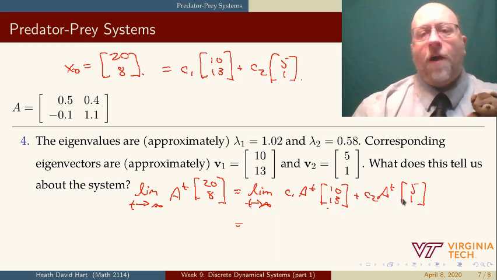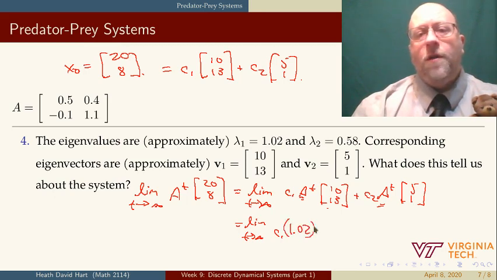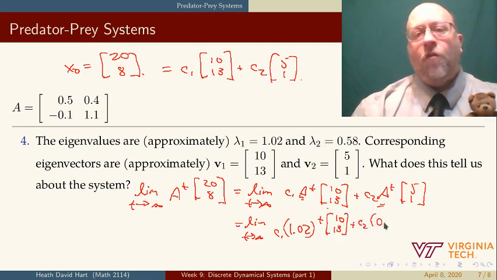And because these are eigenvectors, we can replace A with lambda: c1 times 1.02^t plus c2 times 0.58^t times (5, 1). And this term approaches 0, but this term approaches positive infinity.